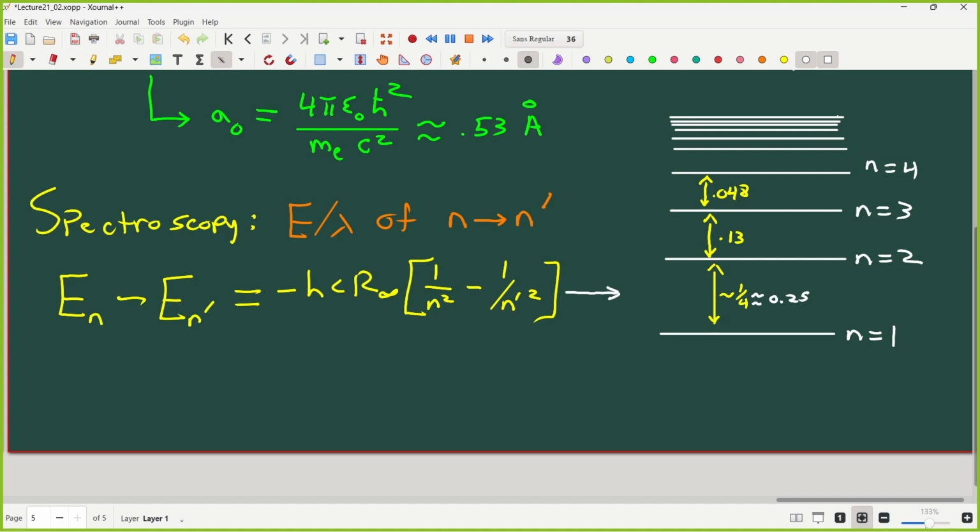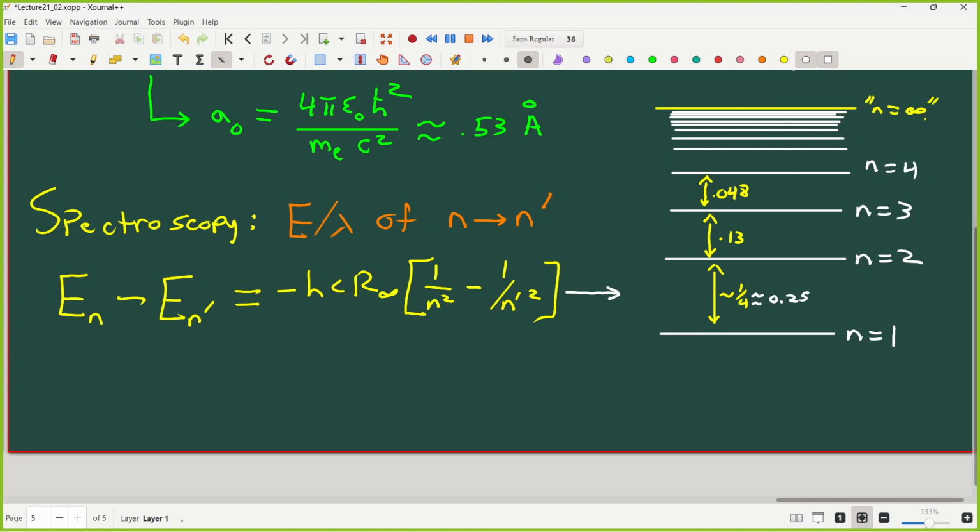There must be some maximum energy for the hydrogen atom, which we could call n equals infinity, and the levels just keep getting closer and closer to that limit.